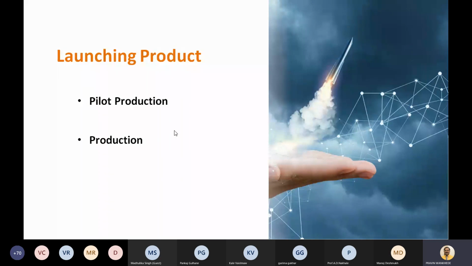It begins only after we have completed the prototyping, taken the review of our design, validated all the design requirements, set up our complete assembly line, completed all our testing procedures, and completed some of the pre-certifications required for our product. At this time, we can start with the pilot production.